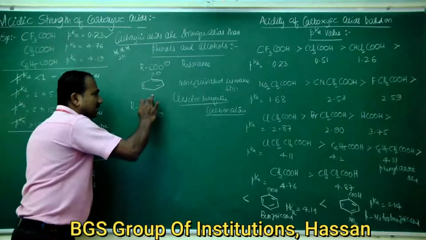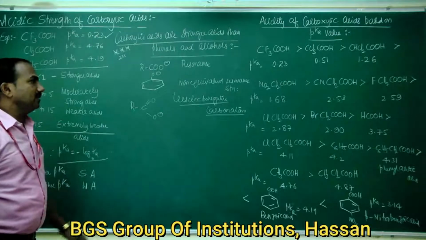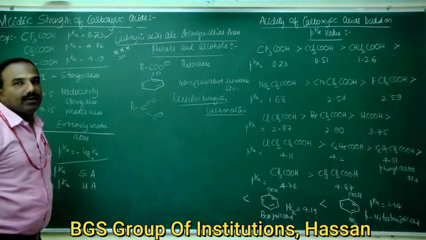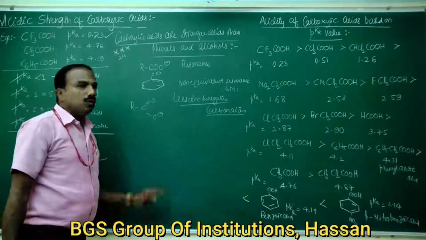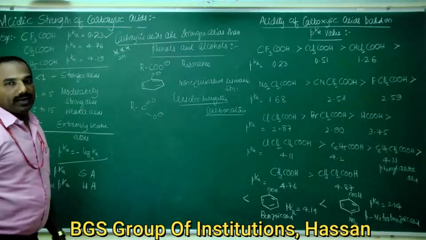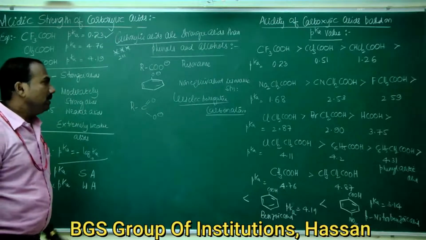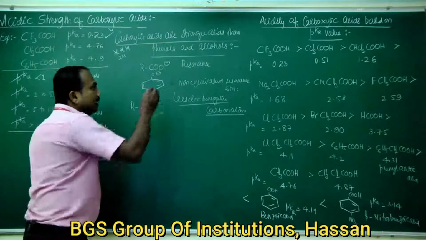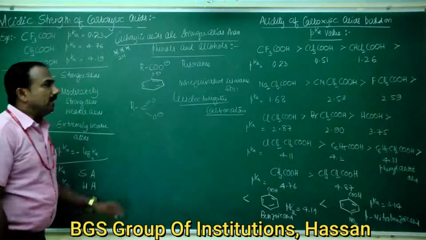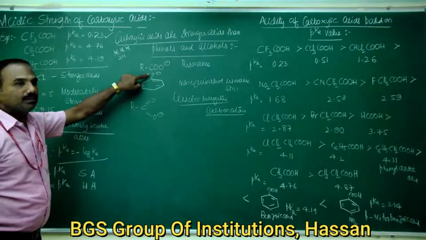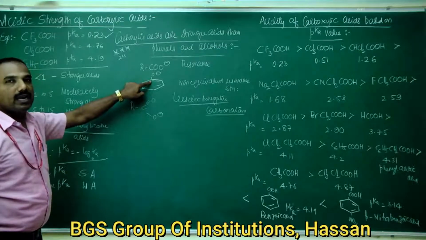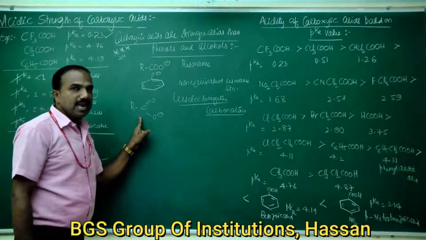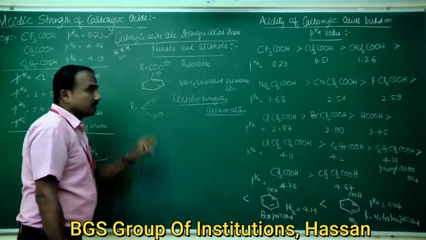Further, the carboxylate ion is stabilized by 2 resonance structures.